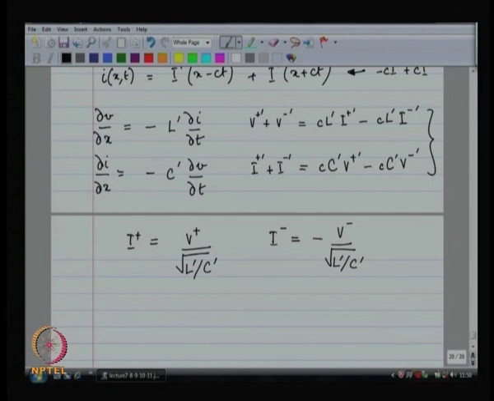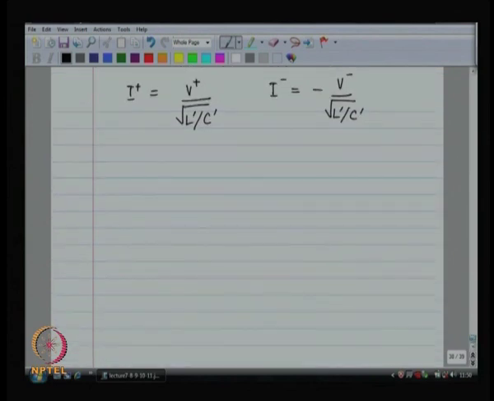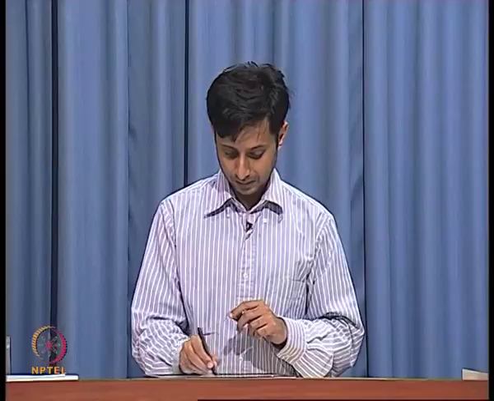If I choose these as my values, then it is going to satisfy everything. Now, of course, you remember that C is equal to this quantity. This is, we did this in the previous class, right. So, this basically gives us the relationship between the current waves and the voltage waves.